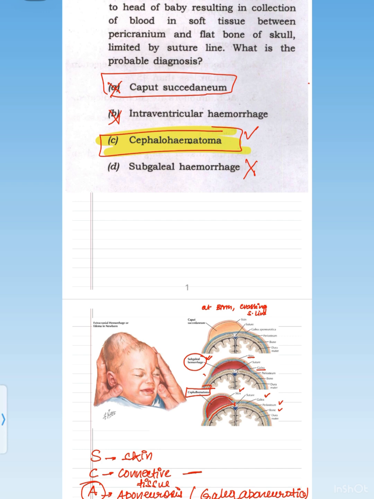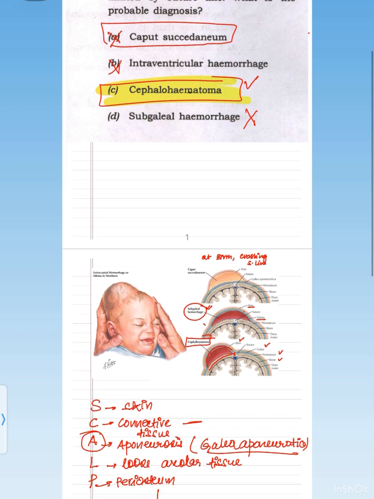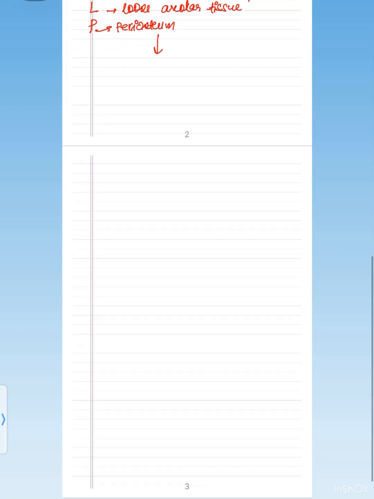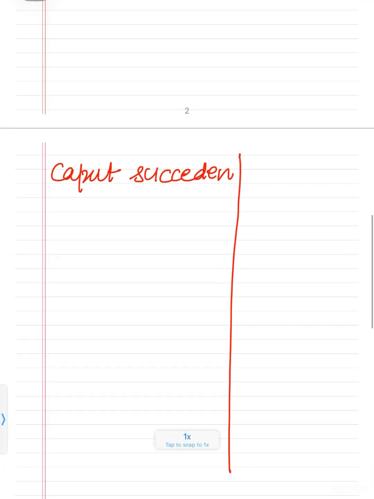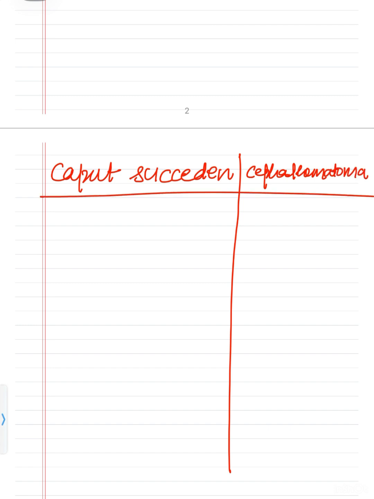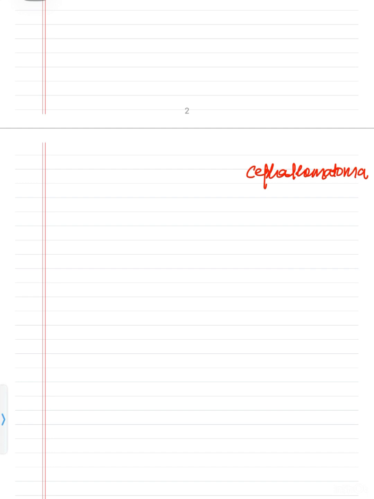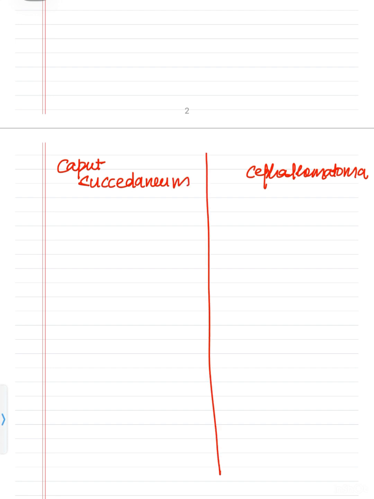Now in the exams, sometimes they are asking the difference between the caput succedaneum and the cephalhematoma. So we must know what the difference is between the caput succedaneum and cephalhematoma.